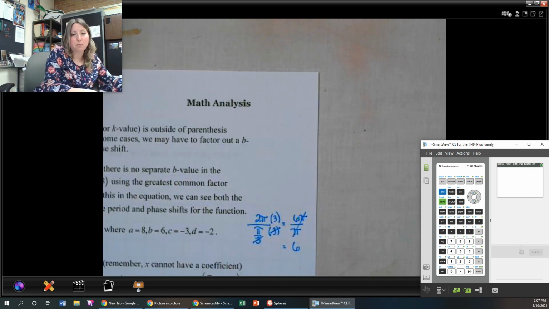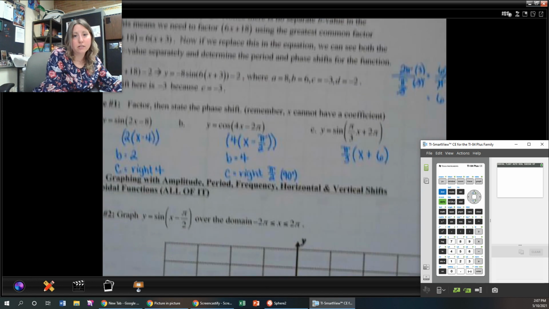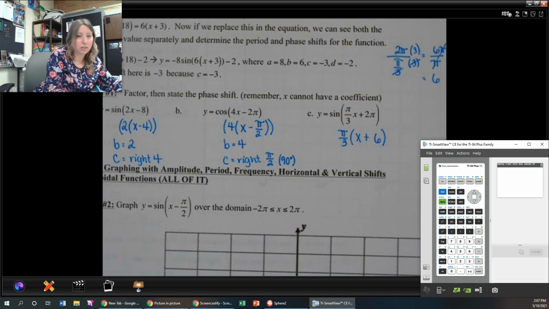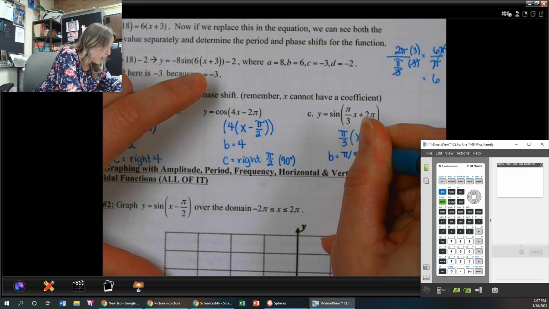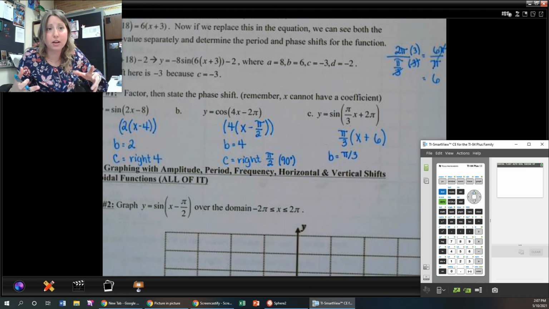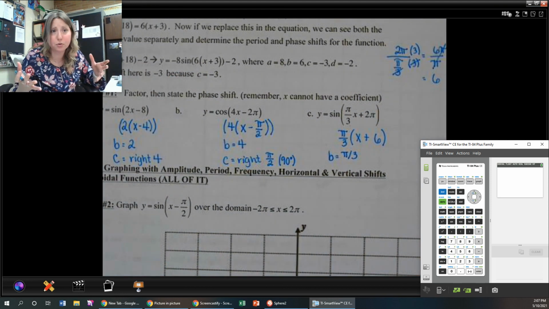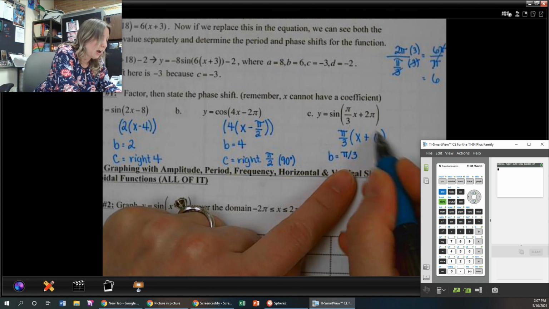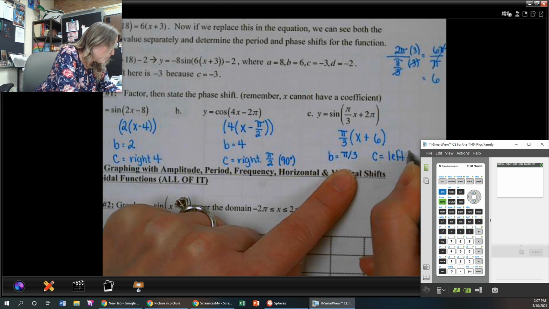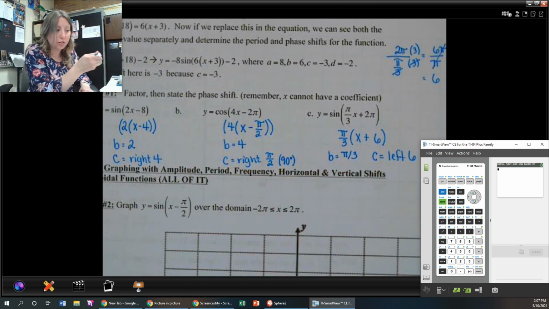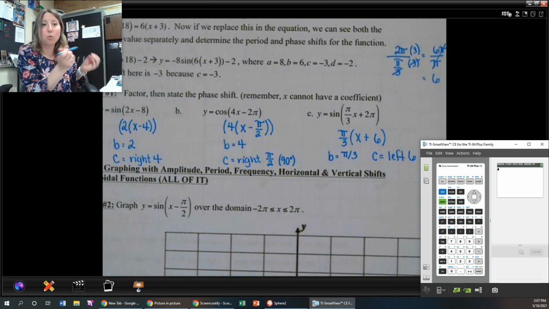So that tells me that my B value is pi over 3. So that's how much of the sine curve I fit. I only fit pi over 3 of the sine curve. We don't have to graph this. And then I go left. So my C tells me I'm going left 6 in the other direction on the axis.